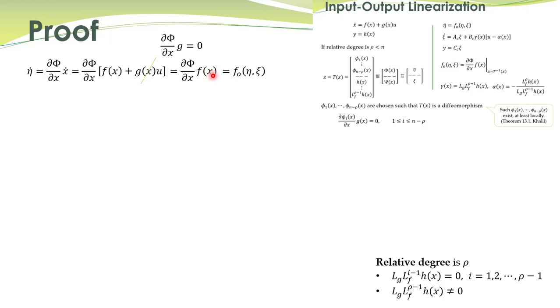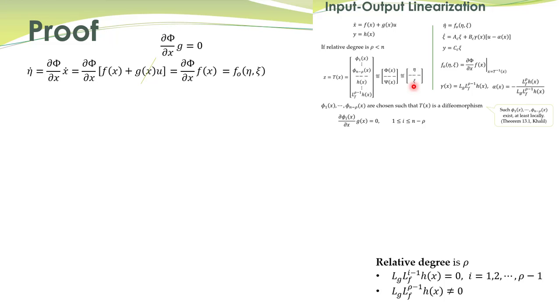And then this state variable x is somehow related with the new state variables eta and xi, and we can just replace x with the new state variables to get this function. So we have proved this first part, and we want to prove the second part.